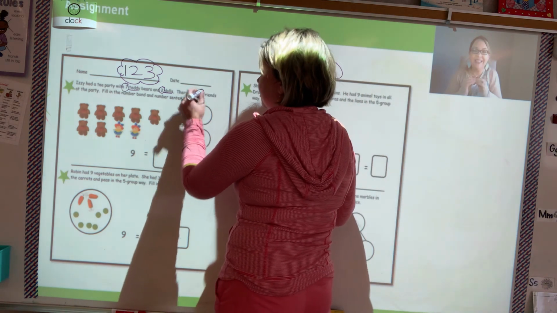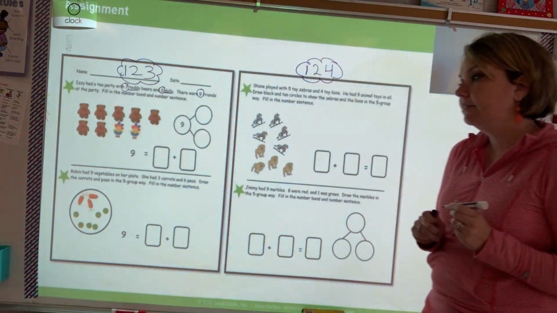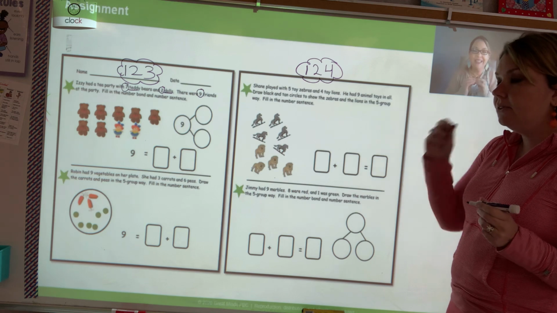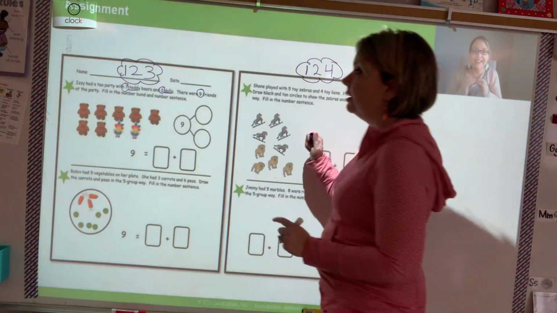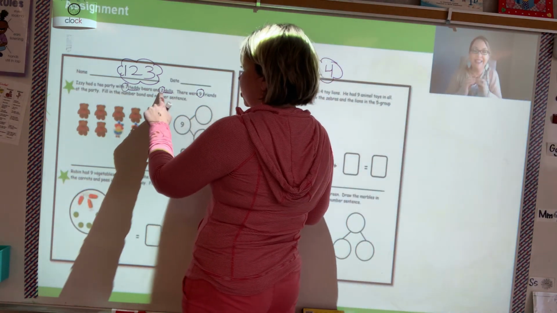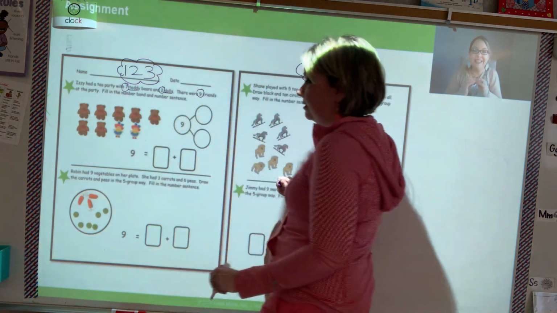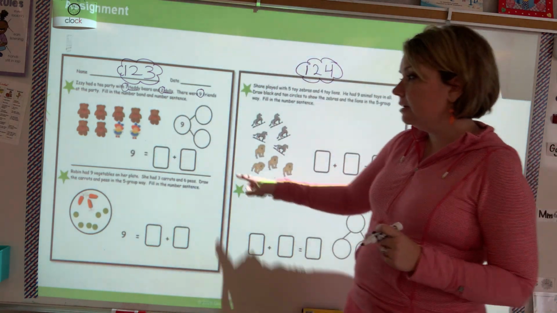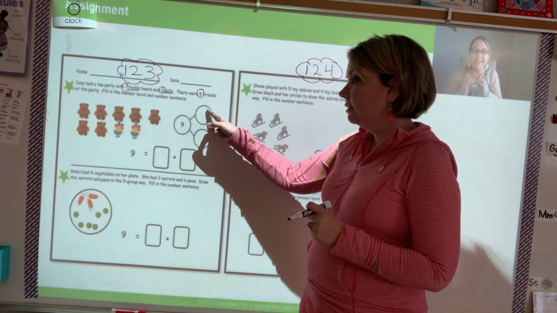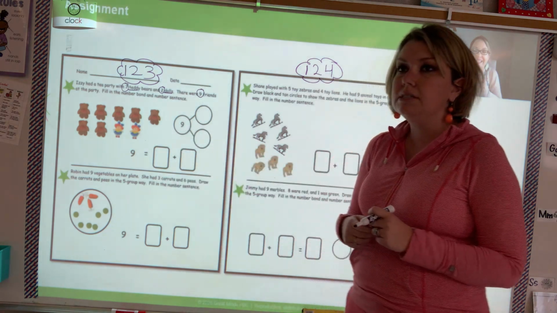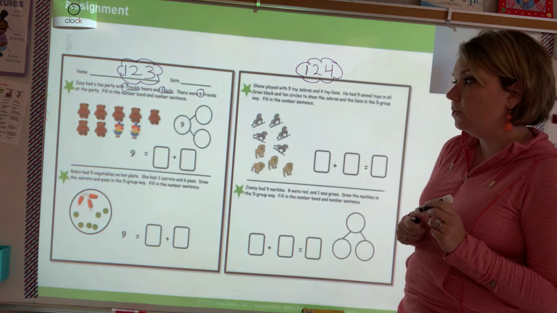So my other number is going to be 9. So now I know the numbers I'm working with are 7, 2, and 9. I have a number bond done for me. The whole is filled in.